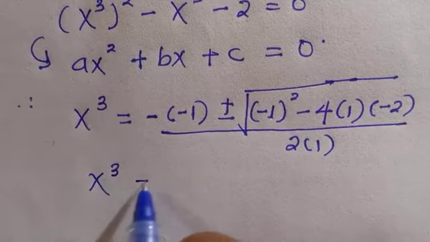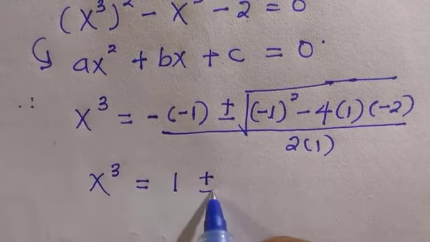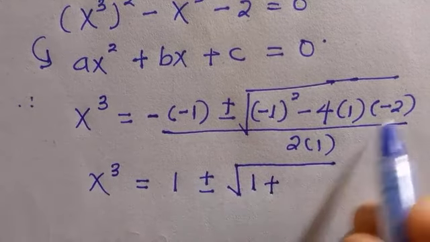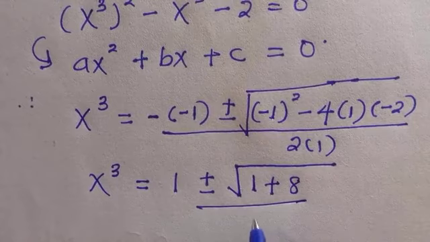So the expansion of this is 1 plus or minus the root of 1 square is 1 plus 8, the whole of this divided by 2.